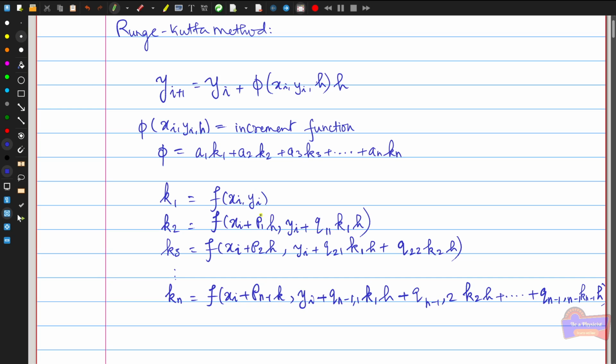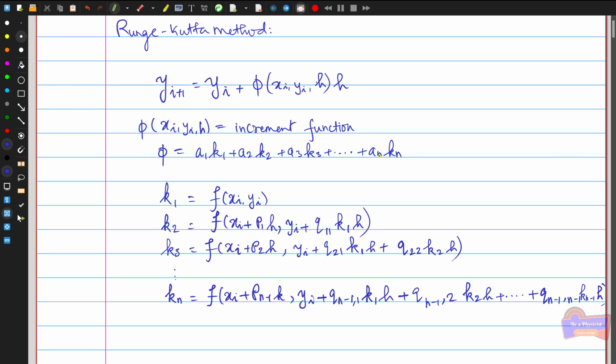If you choose n with a particular value, the corresponding values of a, p and q are evaluated by setting the phi equation equal to the Taylor series expansion. As an illustration, I will explain how the second order Runge-Kutta method is derived from this expression for n equal to 2.